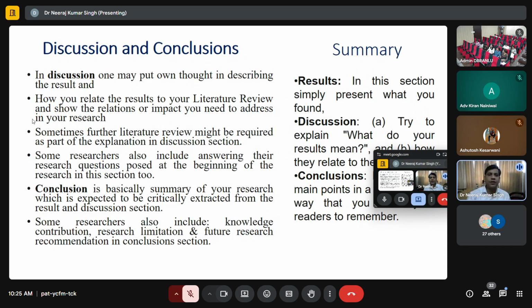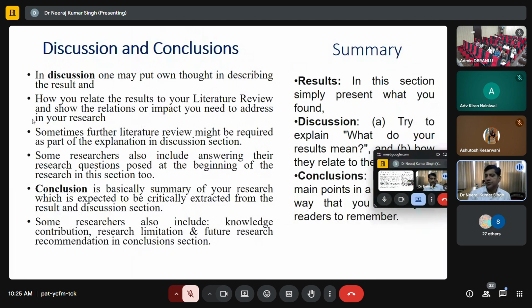Then the discussion and conclusion. In the discussion part, you can put your own thought in describing the result. And one very important thing: whatever articles you have incorporated in the literature review part and whatever portion you are reporting there, you have to correlate your data with the existing data.